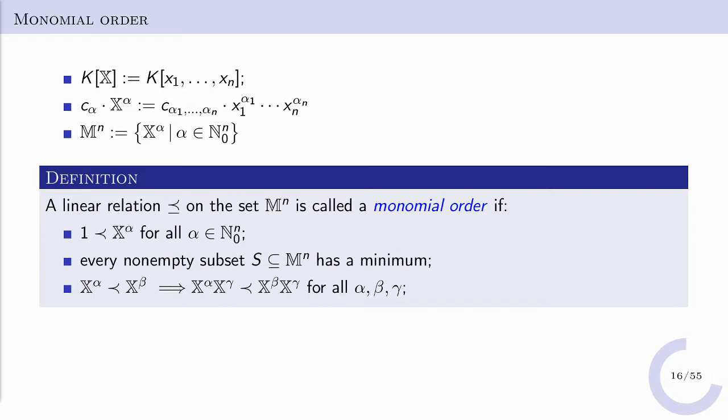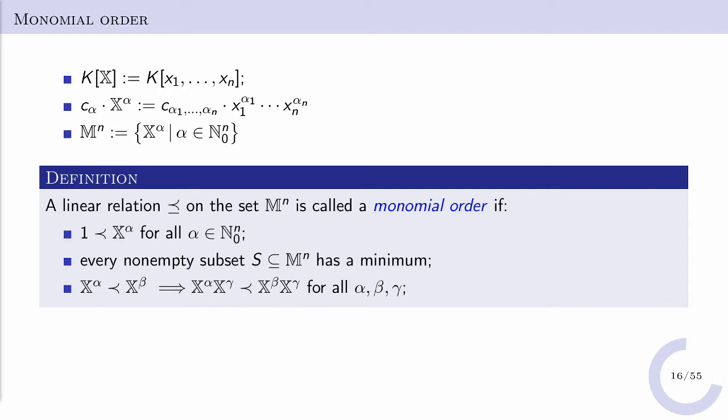A linear relation on the set of monomials is called a monomial order if it satisfies three additional axioms. First of all, the unit element, which is a monomial where all the exponents are zero, this unit element is smaller than any non-unit element in the set, any other monomial.